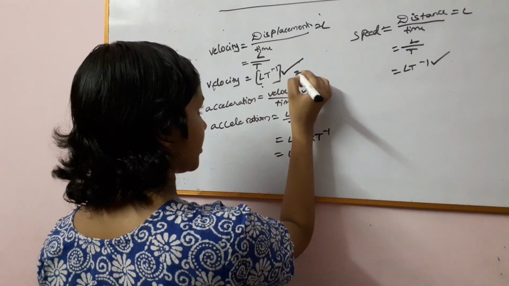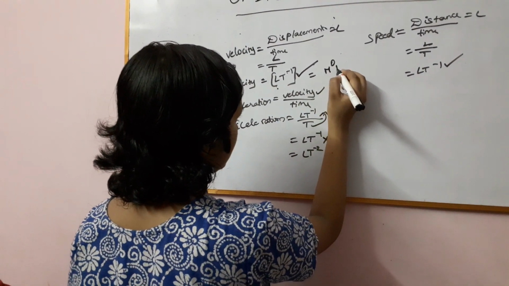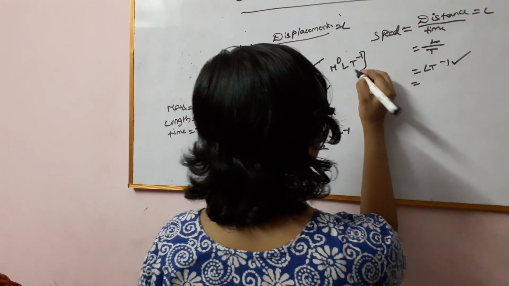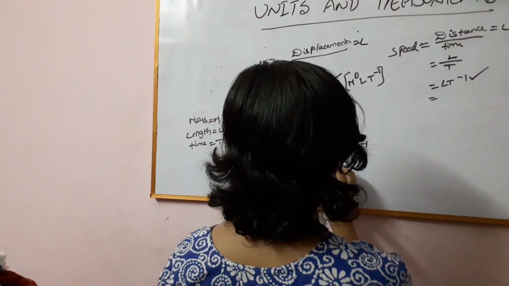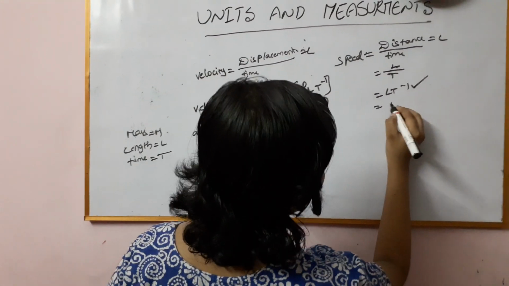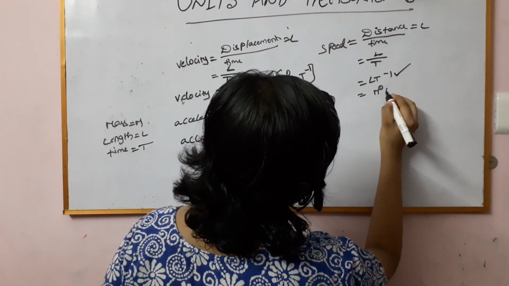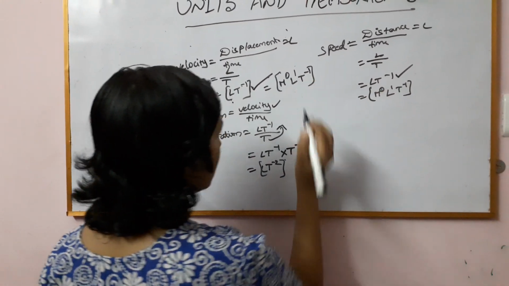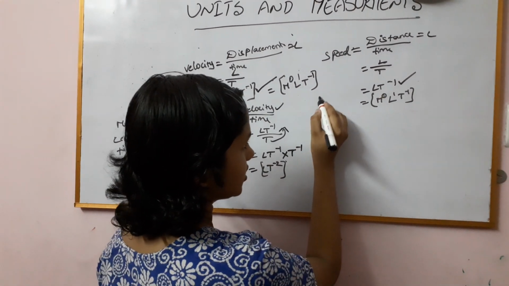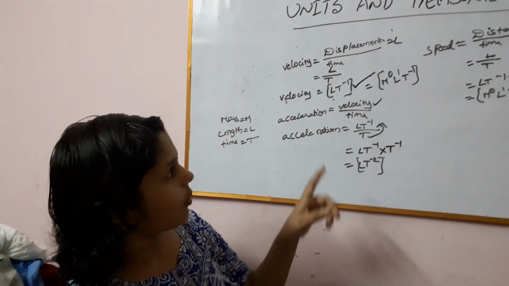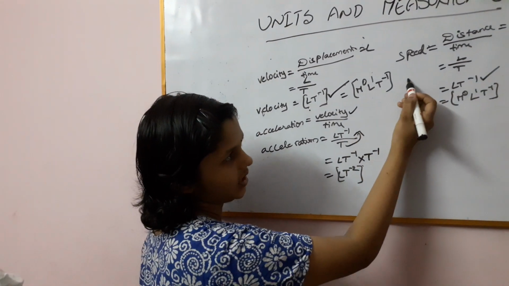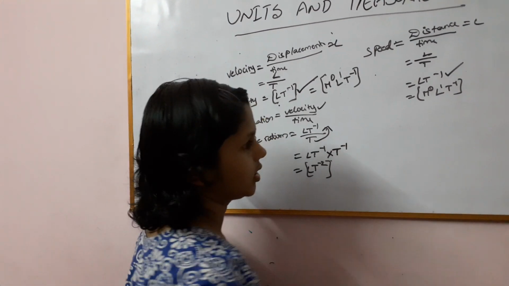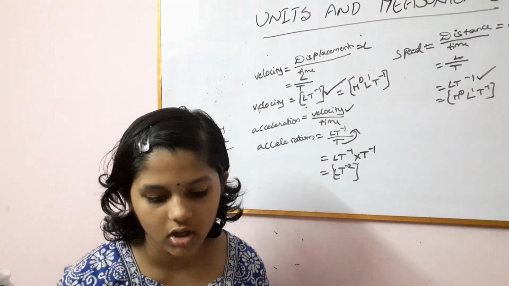For this, we further write M power 0 LT power minus 1, also with the square brackets: M power 0 L power 1 T power minus 1. We consider it like this. So the dimensional formulas for velocity and speed are the same.